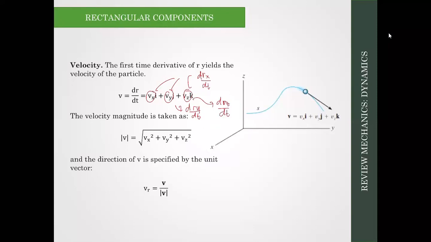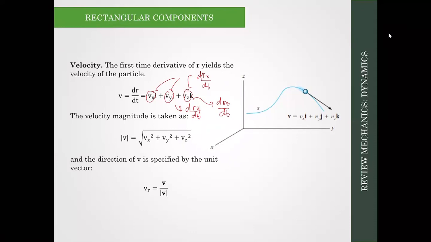For the velocity magnitude, once we have the vector, we take the coefficients of the ijk components, square them, then take the square root of the sum to get the magnitude. And the unit vector, for the direction, is given as the vector divided by the magnitude.